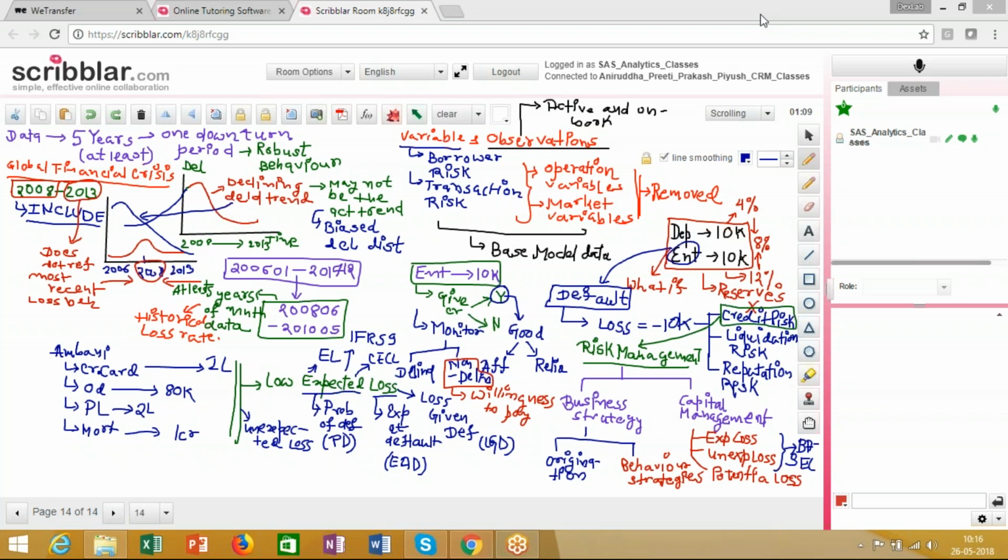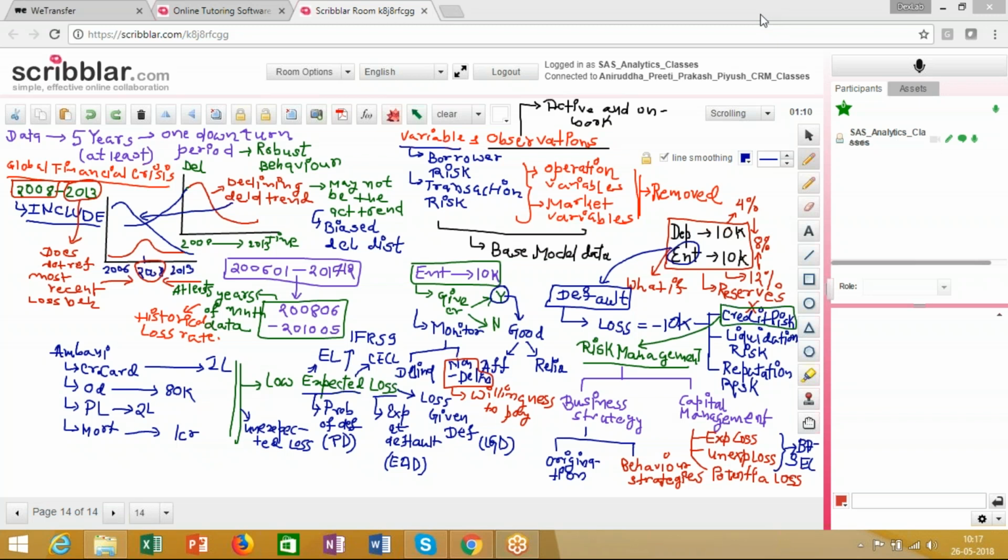Now, when I know this is the chance that he has to default, I can cover a certain part of that default by pricing. I cannot cover the entire risk. I cannot absorb the entire risk through pricing, because if I had to do that, the price of the product or the interest rate would go up very high, and in that case I might end up with an adverse selection problem as well.